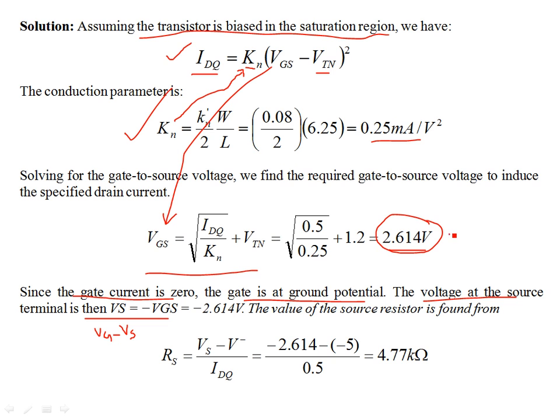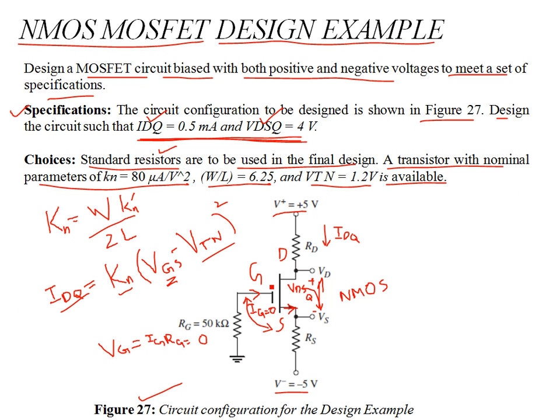This simply implies that VS at the source of the transistor, you have a potential of minus 2.614 volts. So this is your source. You see this is at zero, so the potential at VS is minus 2.614.